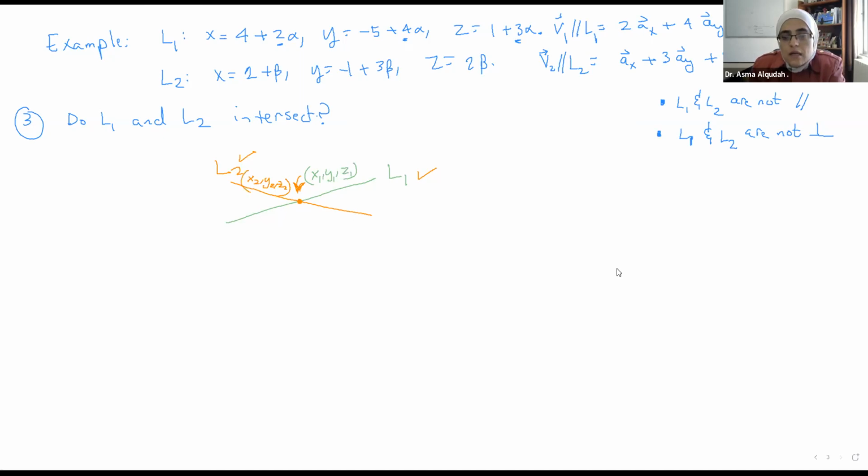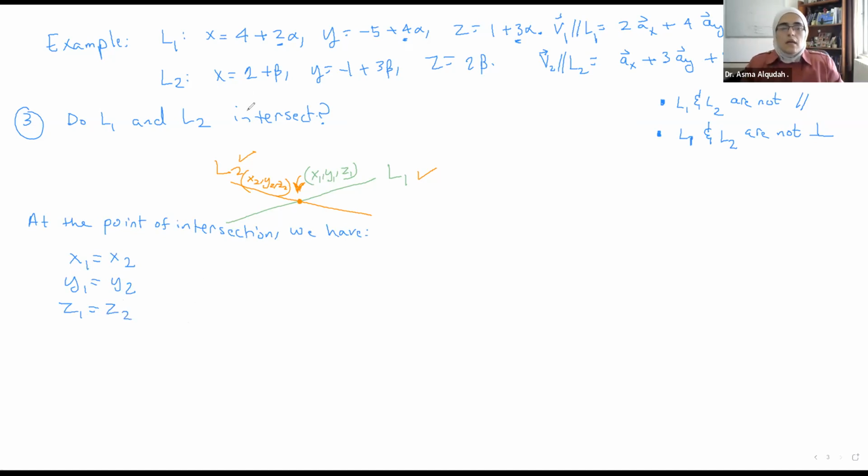So at the point of intersection, we have x1 equal to x2, and y1 equal to y2, and z1 equal to z2.